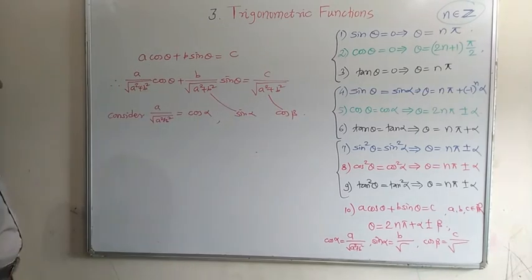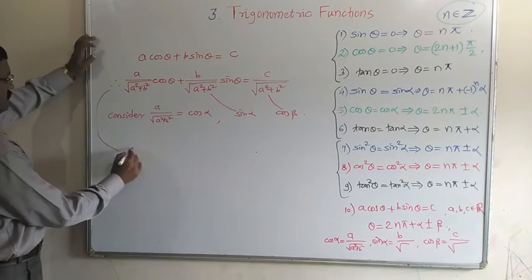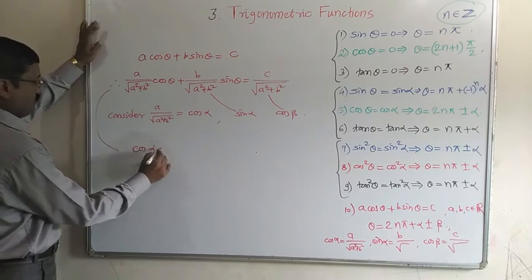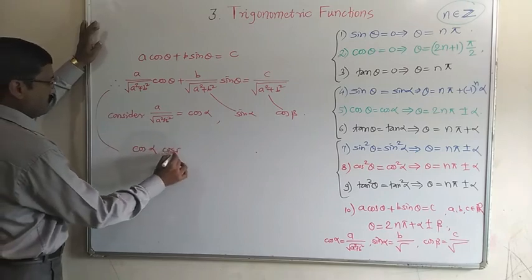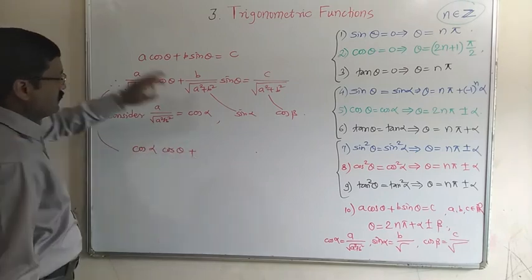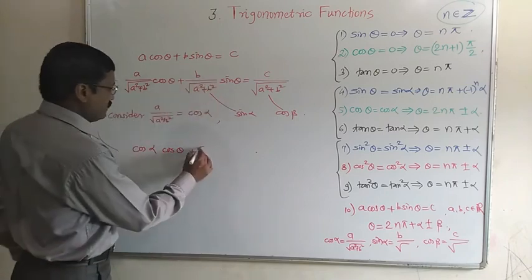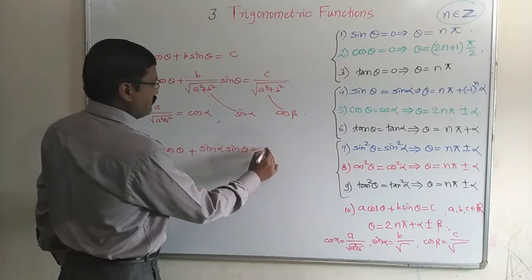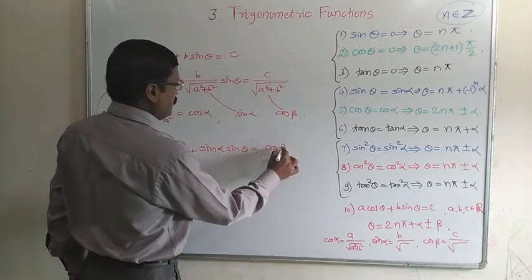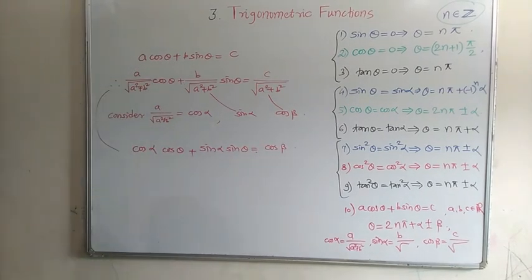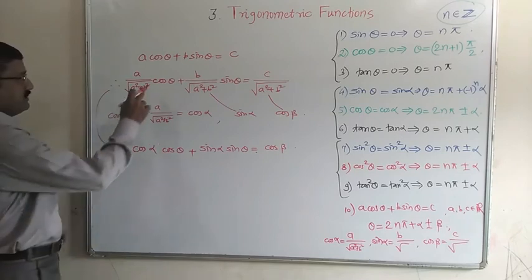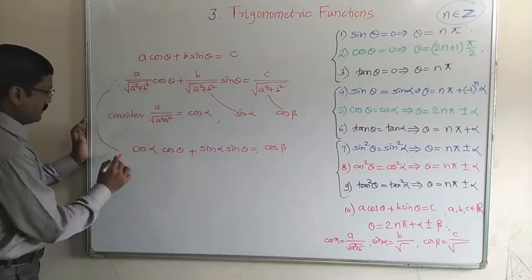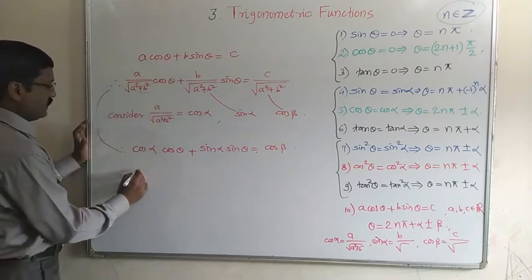Okay, then we get this equation as cos alpha into cos theta plus sin alpha into sin theta equal to cos beta.